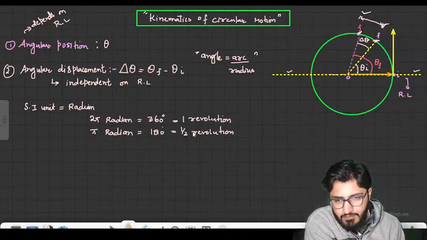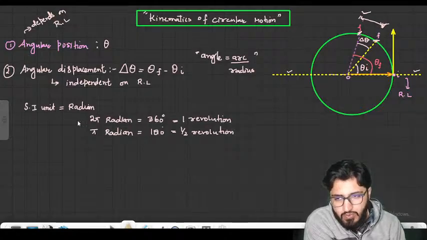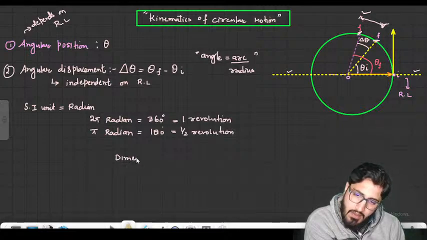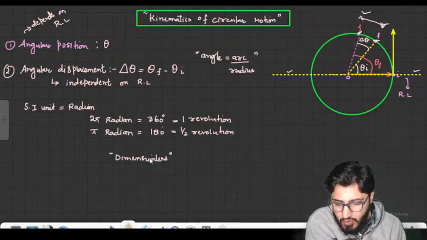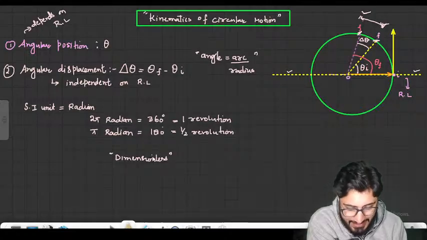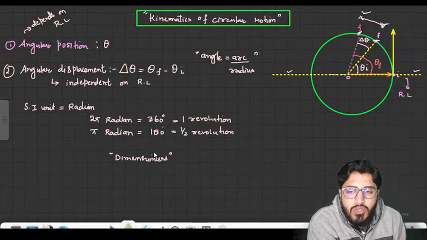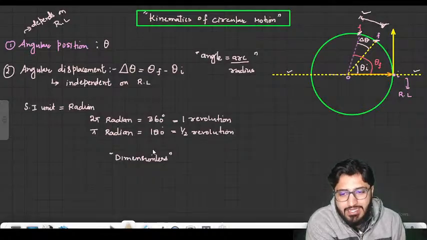Clear? And it is a dimensionless quantity. But it does possess a unit, a radian, but it doesn't have any dimension.